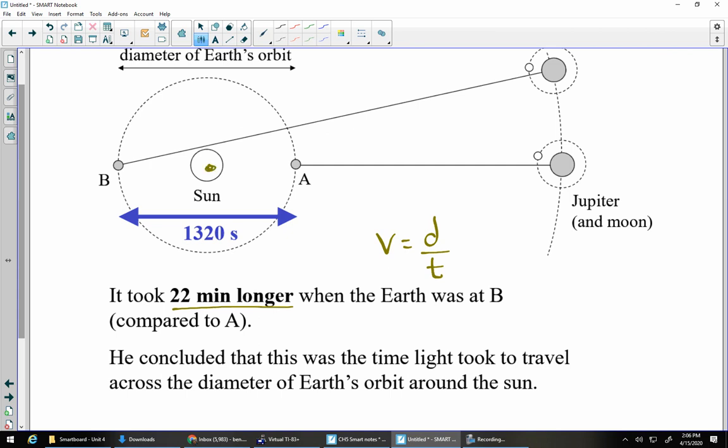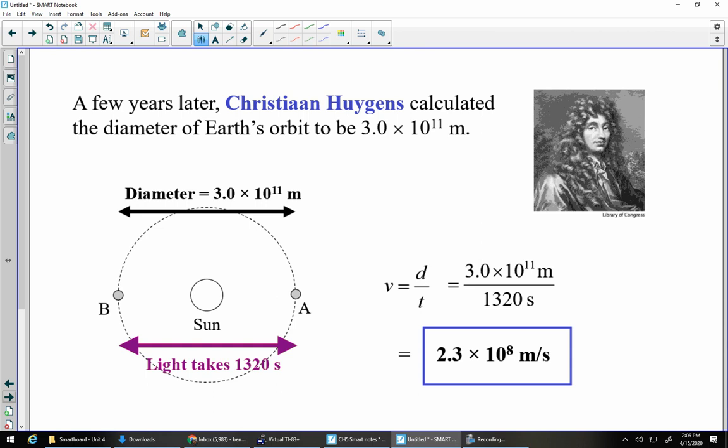If we know the orbital radius, we should be able to get the diameter. So with the diameter, this distance across, and the amount of extra time it takes that light to travel, we've got distance and time, so we should be able to figure out the speed of light. They did the math and figured out the speed of light to be 2.3 times 10 to the power of 8 meters per second.